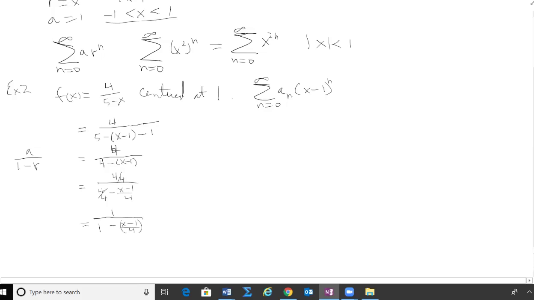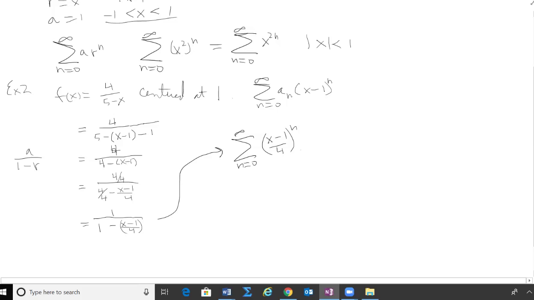Now we can see clearly what the r is: the a is a 1, and the r is x minus 1 over 4. So that is the sum of this geometric series, with x minus 1 over 4 to the nth power, because that's my r in this case.